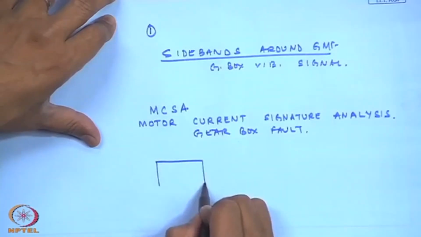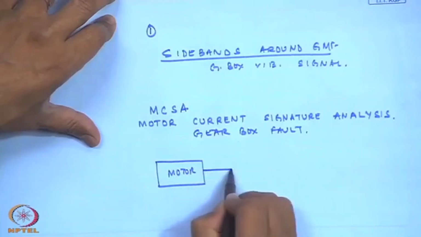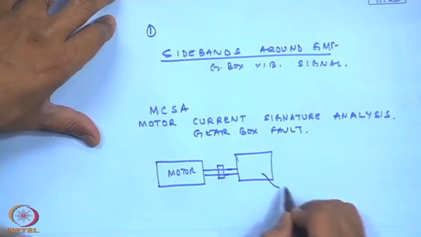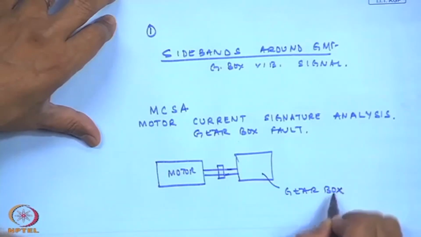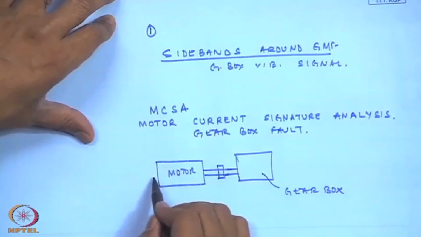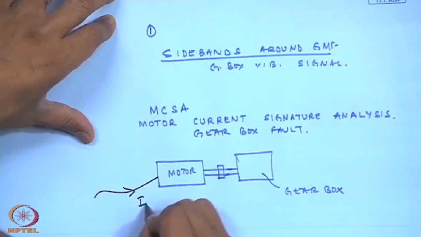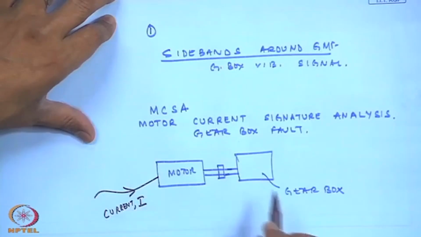Suppose I have an electrical motor, through a coupling, driving a gearbox, and there is current which is being drawn by the motor.